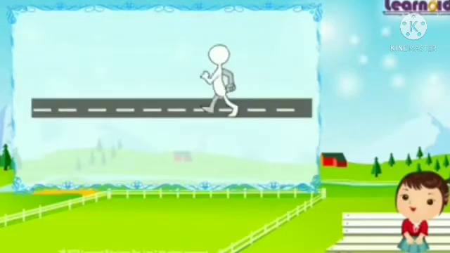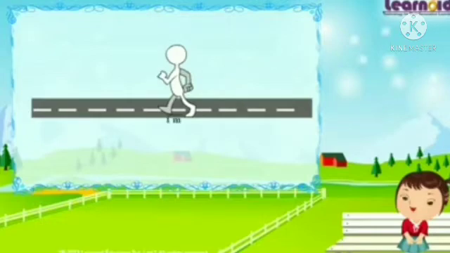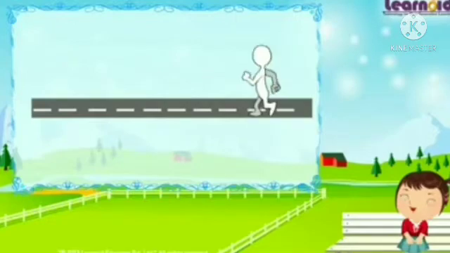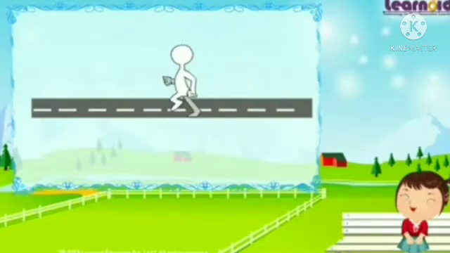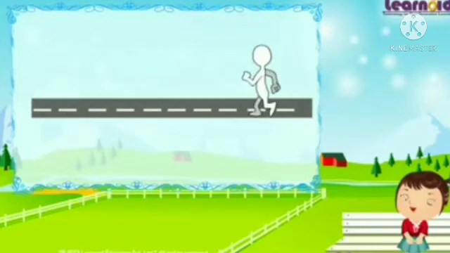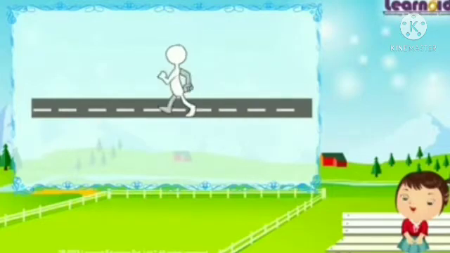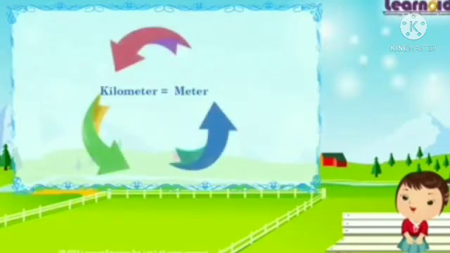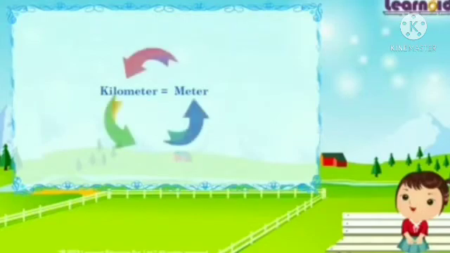Children, when you walk, one step is approximately 1 meter. So, when you walk around 1000 steps, you will travel 1 kilometer. To convert kilometers to meters, multiply by 1000.